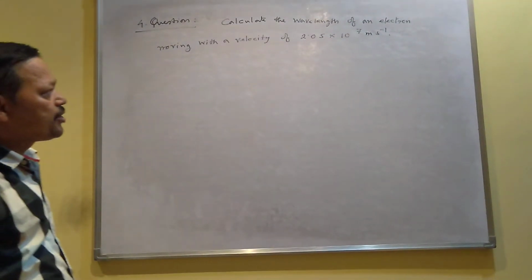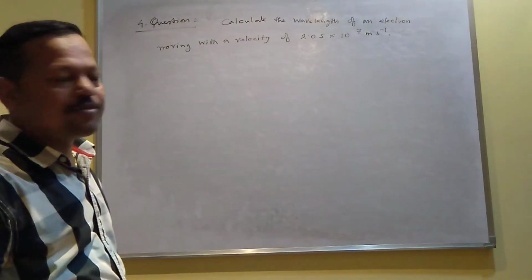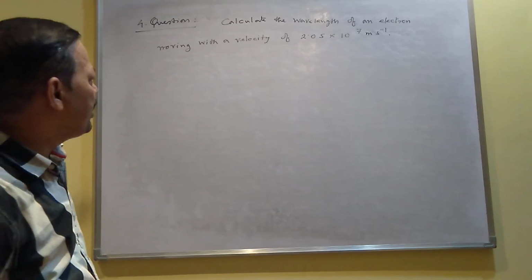So this is one of the textbook questions. Velocity is given, you have to find out the wavelength of the electron.